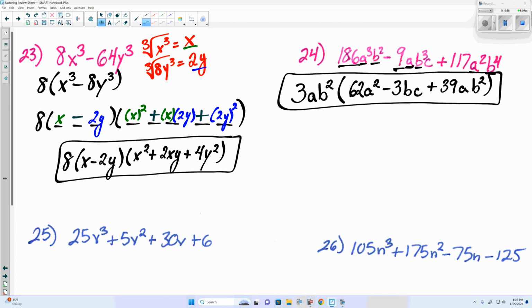If it had been 62a squared minus 3ab plus 39b squared, then there's a chance it could factor. But here C and our other terms kind of throw everything off. There's too many variables and they don't have the right kind of function with it. Especially the C that doesn't show up anywhere but the middle throws everything off.